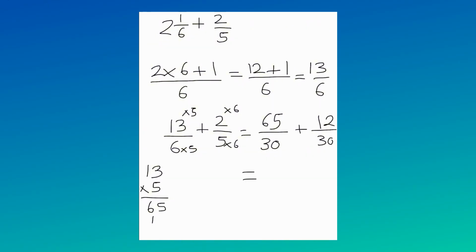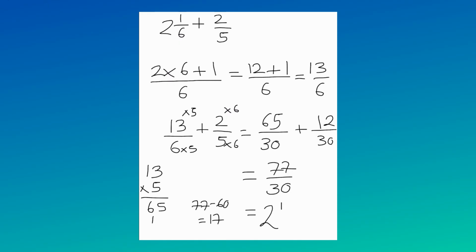So now we've got 65 thirtieths plus 12 thirtieths, and that gives us 77 thirtieths. Now that's a top-heavy fraction, and I'm going to convert that into a mixed number. How many 30s fit into 77? Well, that's quite easy. I know that 2 30s are 60, and I know 77 take away 60 equals 17.